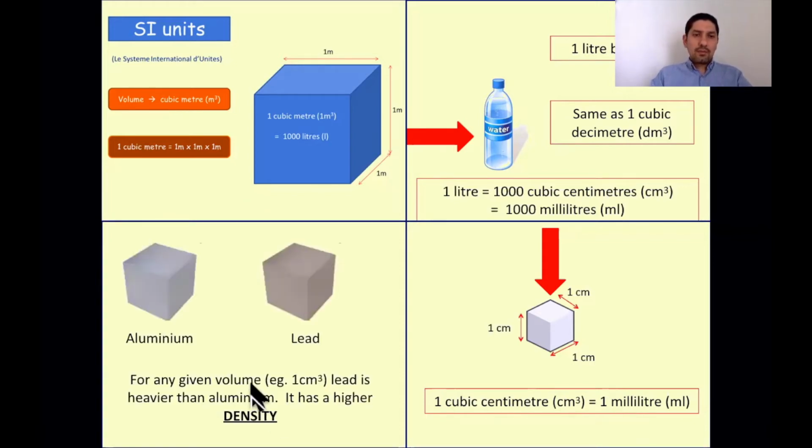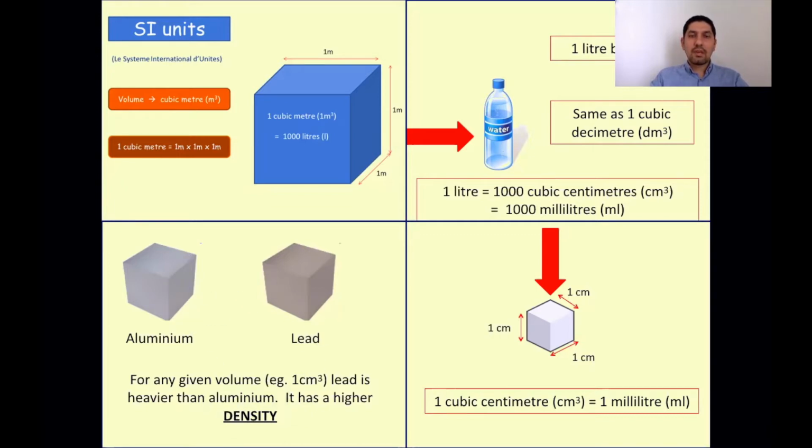Well, for a given volume, we have aluminum and lead here. For a given volume, for example 1 centimeter cube, lead is heavier than aluminum. It has a higher density. So what does this mean? We have the same volume, but the density is different.